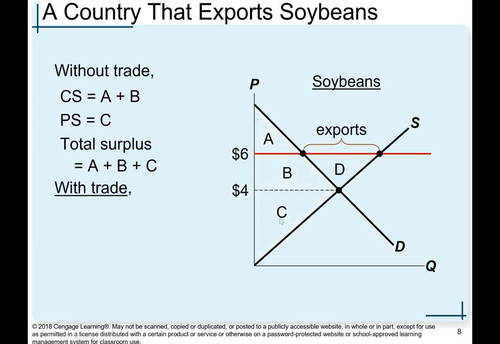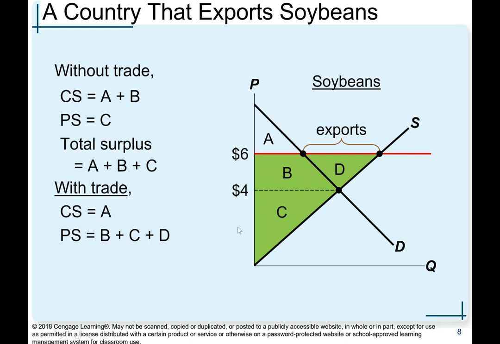Now, when we open this market for trade, let us see what happens to consumer surplus. Consumer surplus now shrinks to A. In other words, prices have gone up, consumers have lost out a little bit, so the consumer surplus is A. But look at the producer surplus.